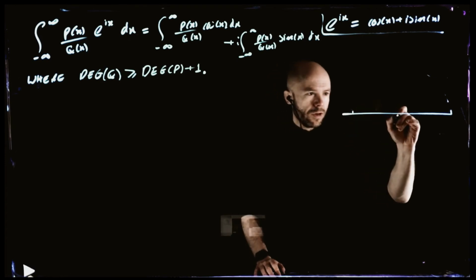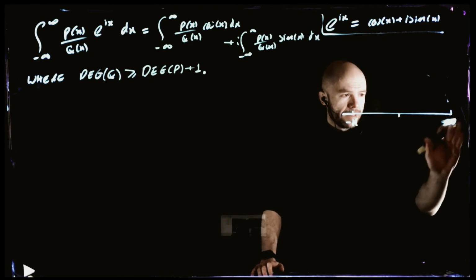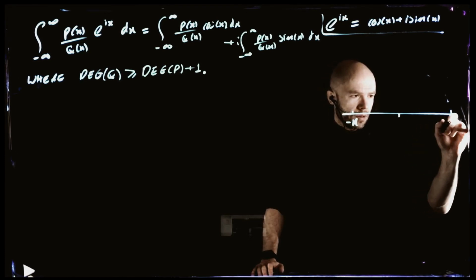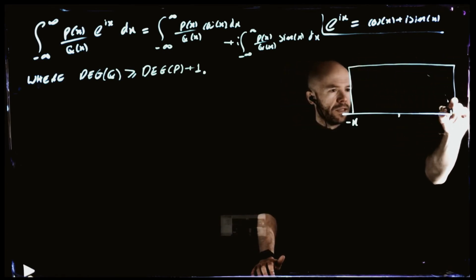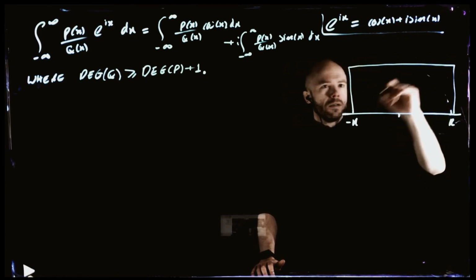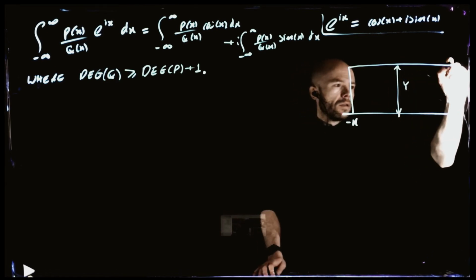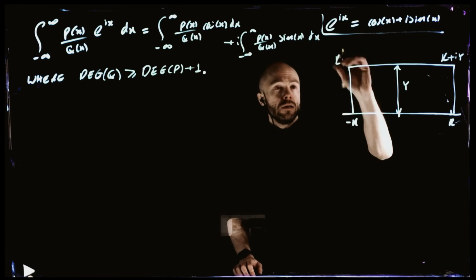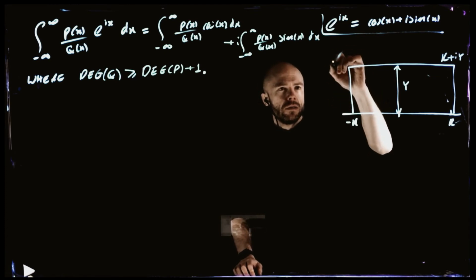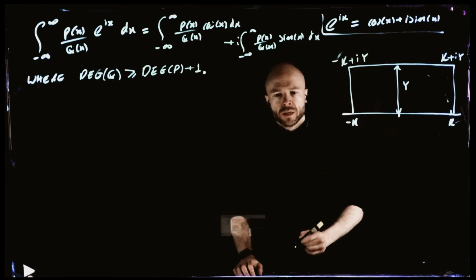So instead we're going to use the following contour. We're going to go from minus r to r, and then take r to infinity, of course. But we're going to create a rectangle where we go up like this, then go along, and then go down. The height of this rectangle is going to be capital Y. This corner is r plus iY, and this one is minus r plus iY.